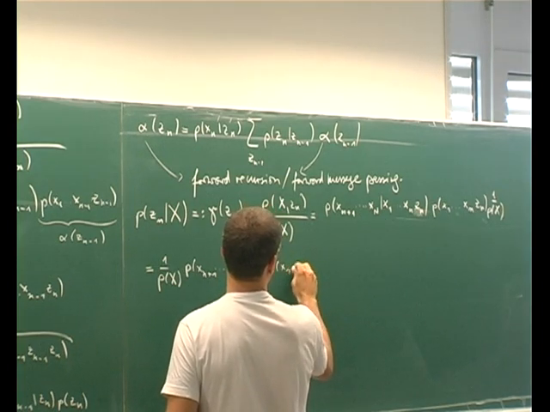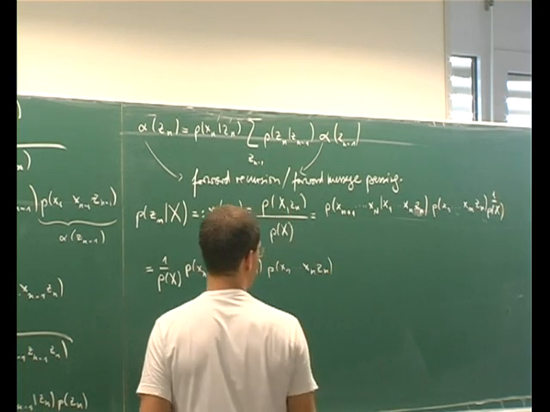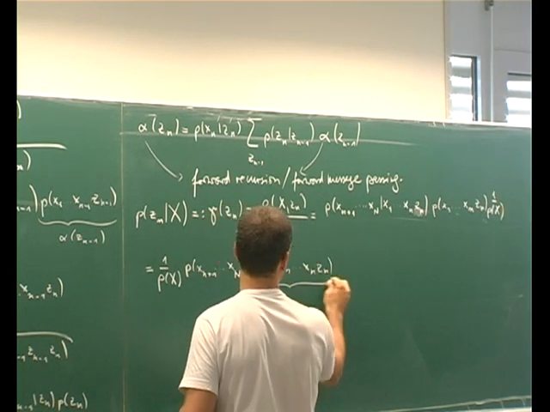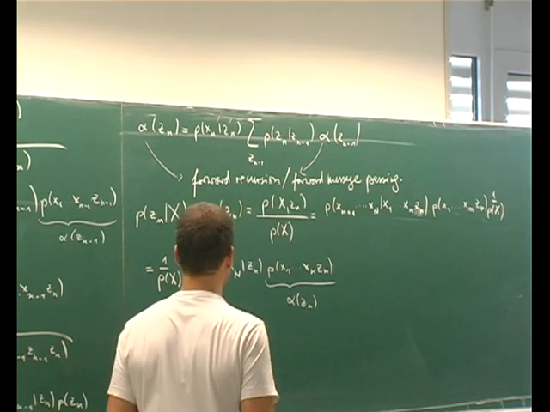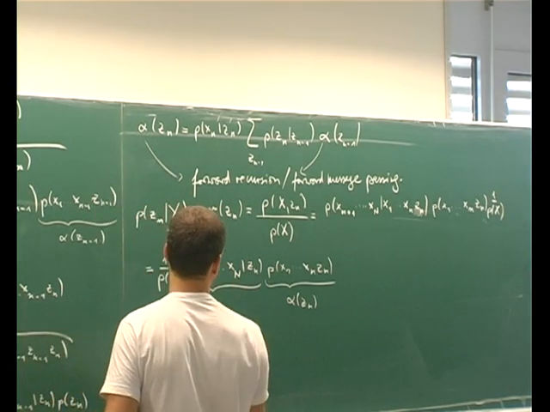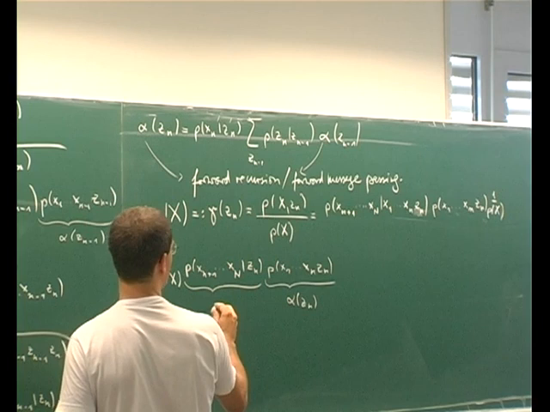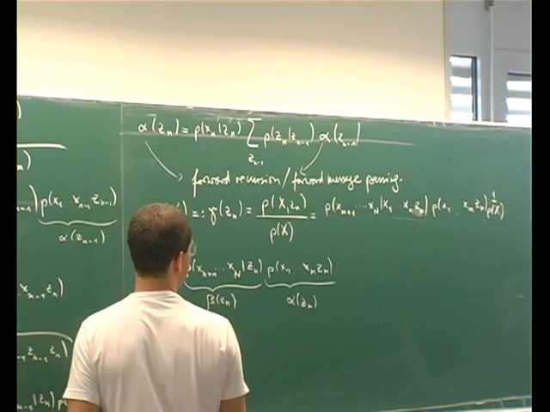And this is a term we've encountered before. This is just alpha of Zn. And this one is also going to appear a few times, which is why it's got a name of its own.